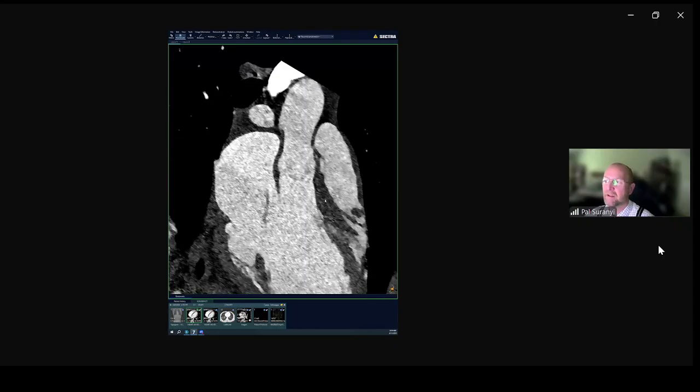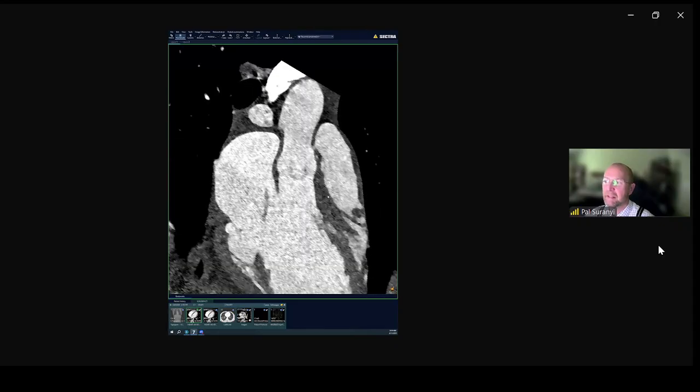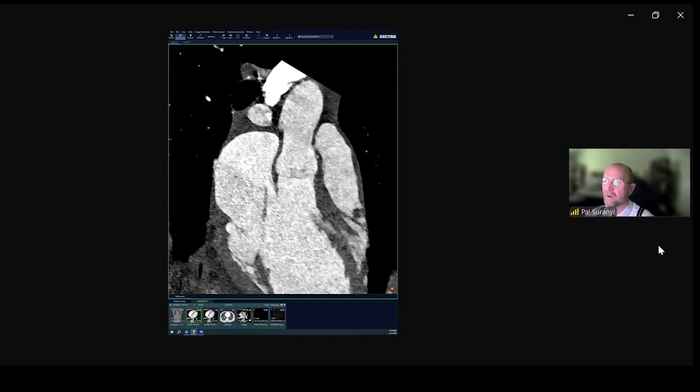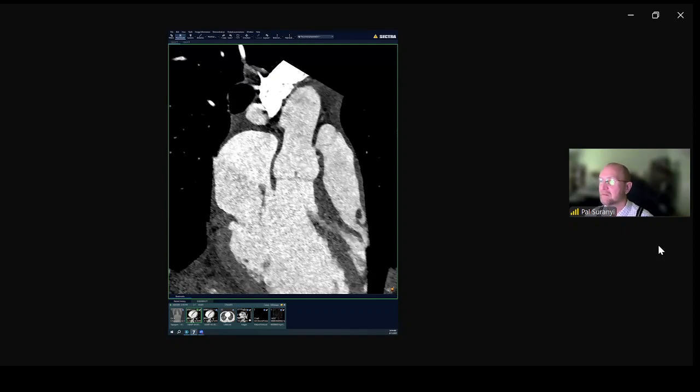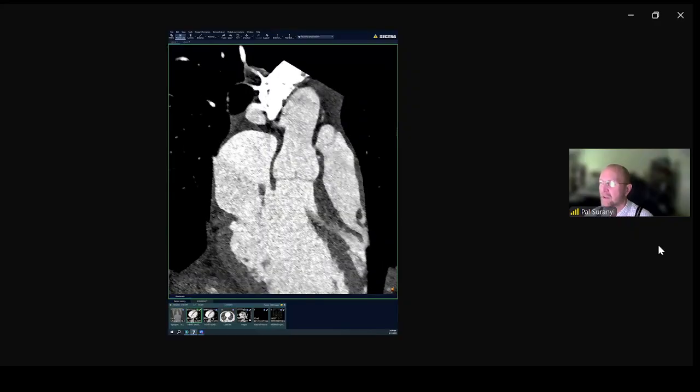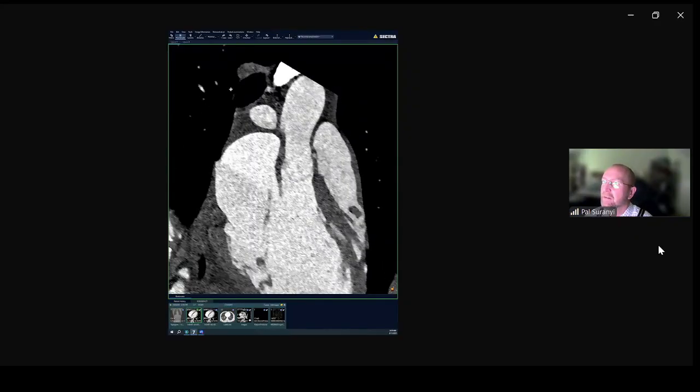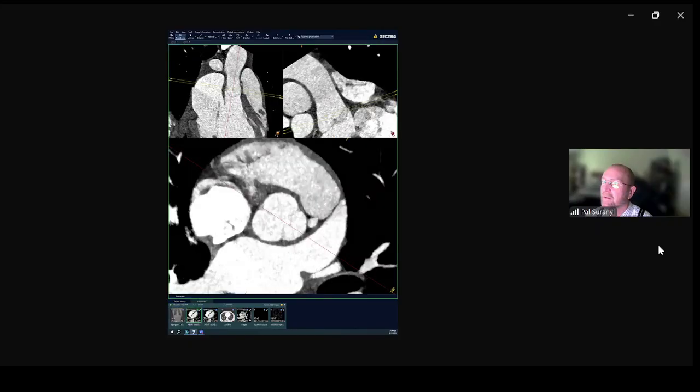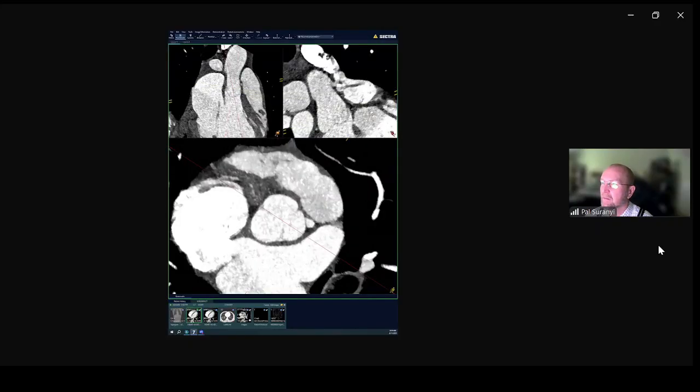So you might end up with a vessel that's running in this myocardium here, sort of underneath the pulmonic valve. I think. Yeah. So we can also look at it, I guess. Let's look at it this way. Let's see if we can go from the pulmonic side.